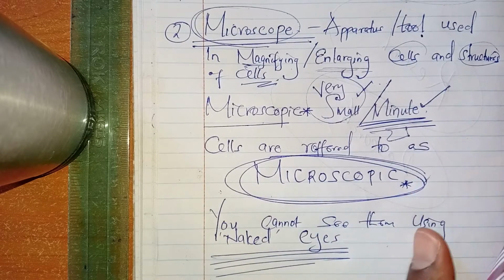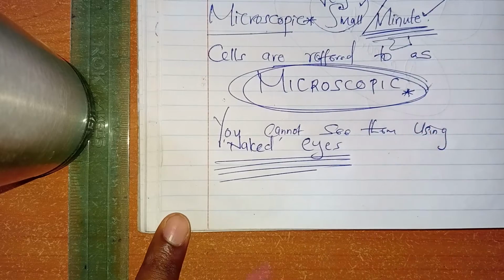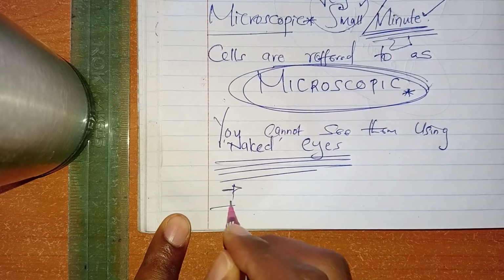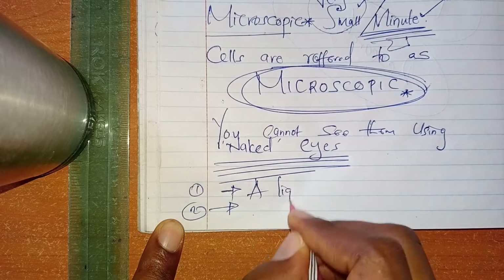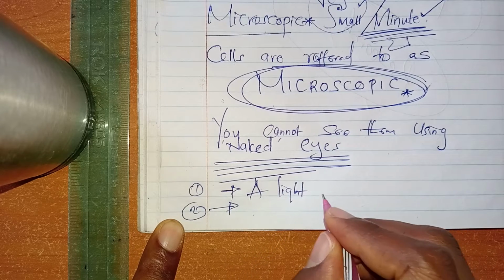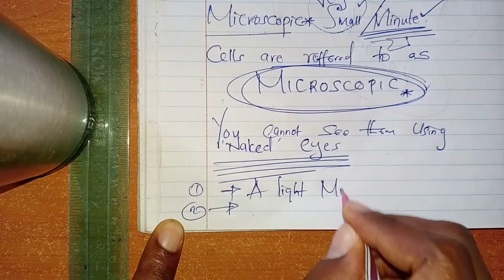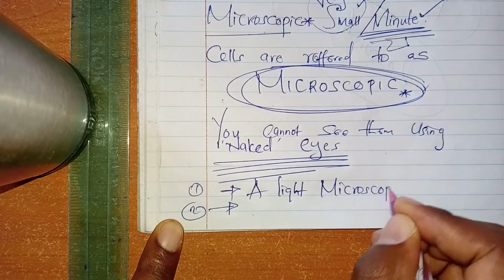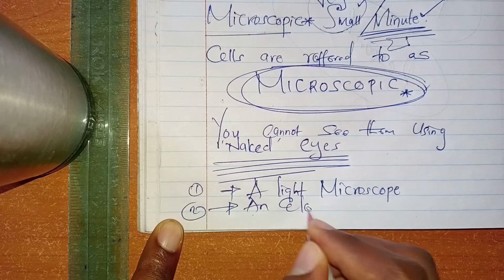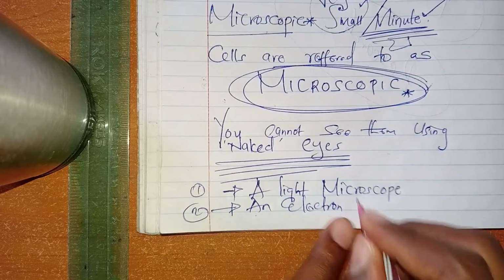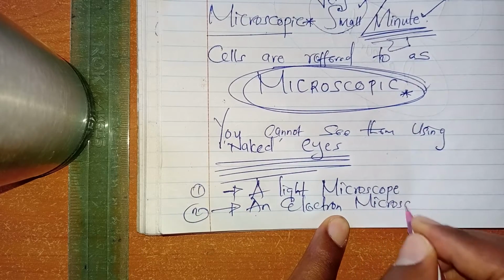So we shall have two types of microscopes. We have 1 and 2. We have a light microscope. Then we have an electron microscope.